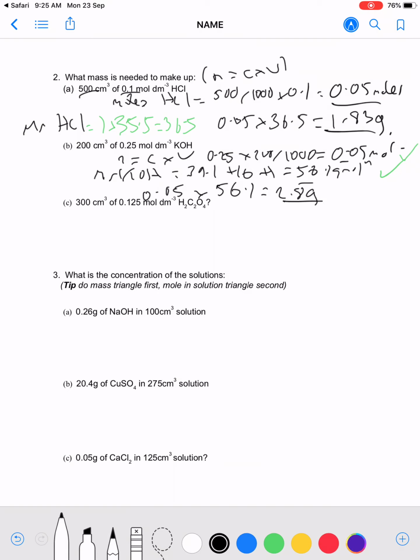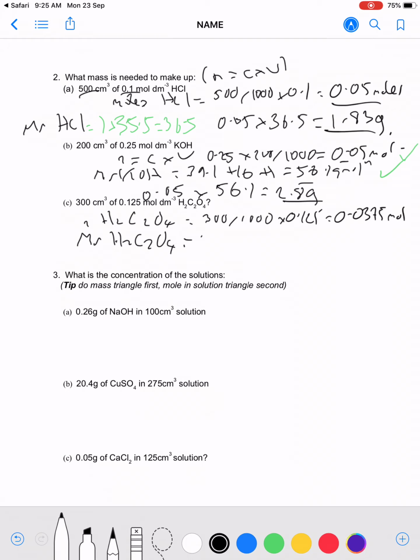And then the last one of this type, 300 cm³. So what we're going to do, well, we need to know the amount, the moles of H2C2O4. We've got 300. You got it. Divide it by 1,000 to make it into dm³, times by 0.125, and I make that 0.0375 moles. Now what's the Mr of H2C2O4?